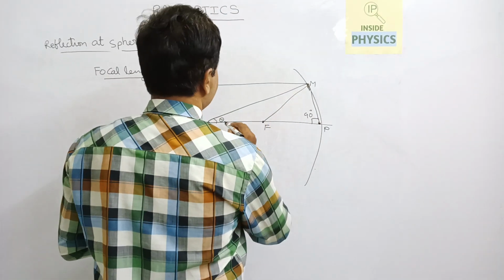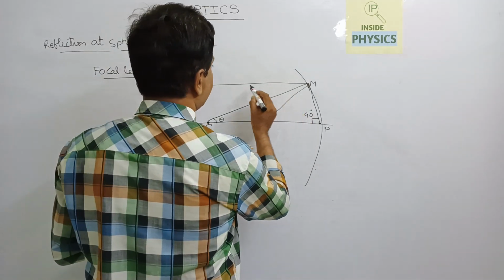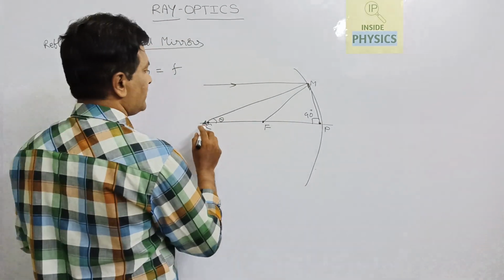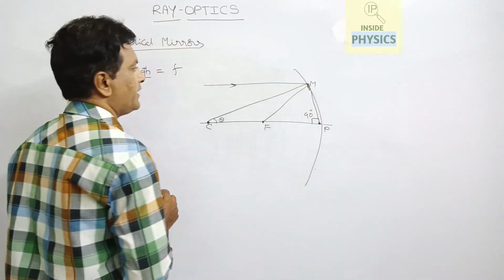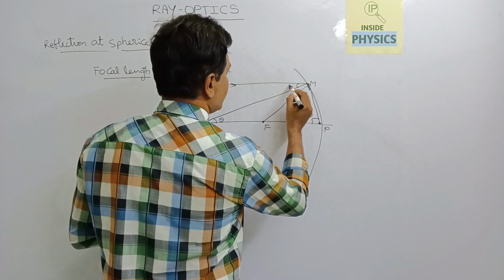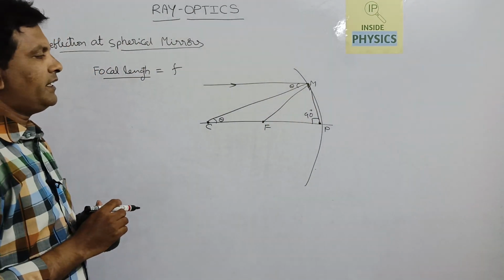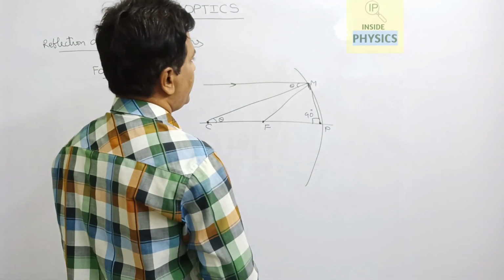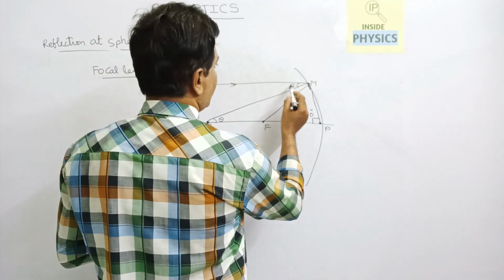So what is the incident angle here? This is the incident ray of light. This is the line passing through the center of curvature to the incident point. The angle between the radius of curvature and the incident ray is called the angle of incidence.